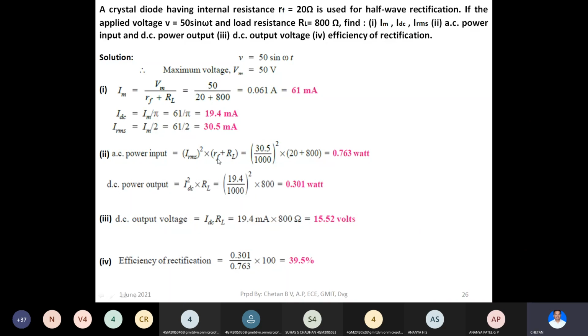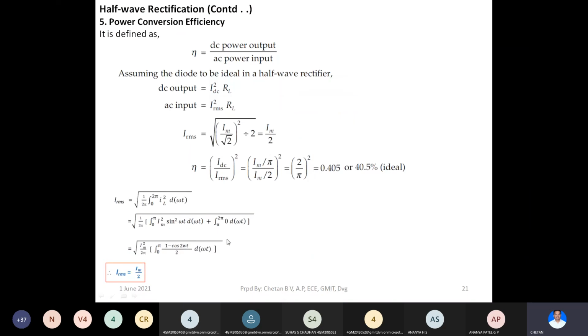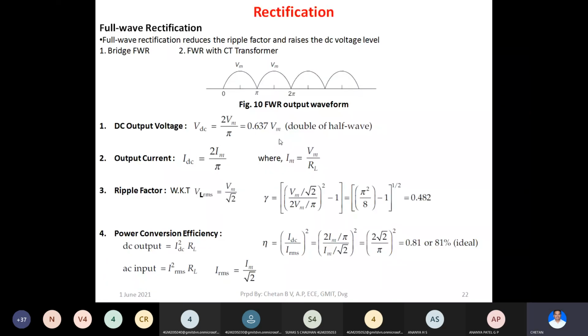So it is IRMS square into RF plus RL. So how will you find this IRMS square? Already you know IRMS from the equation of the half wave rectifier. IRMS is Im by 2.